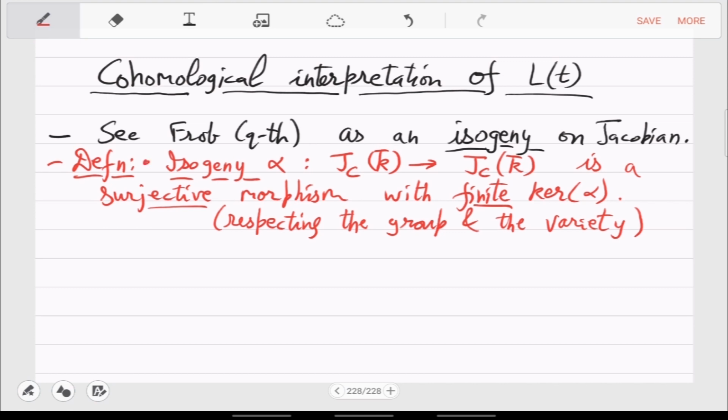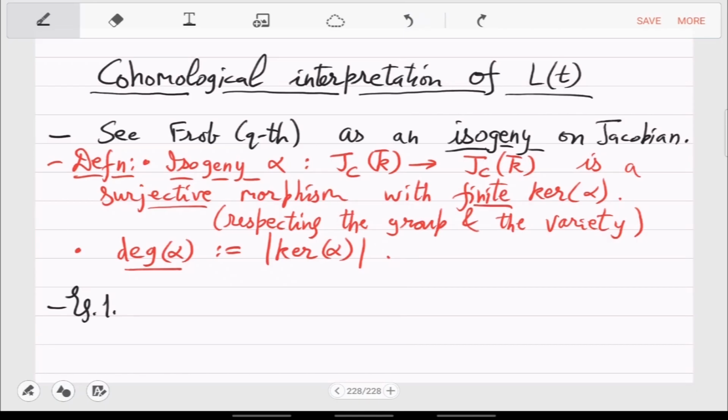And since the kernel is finite, we can define that as the degree of the isogeny. So this is basically the size of the kernel. Okay, so isogeny and its associated degree. These are the two things. So example 1 is of course Frobenius.